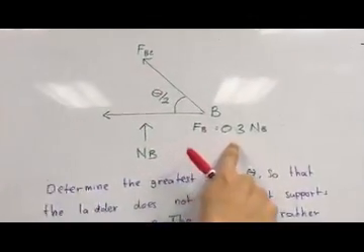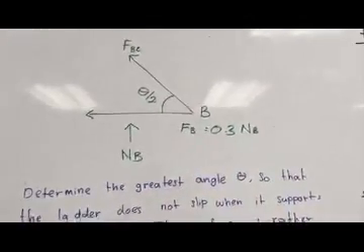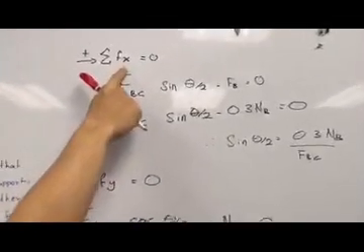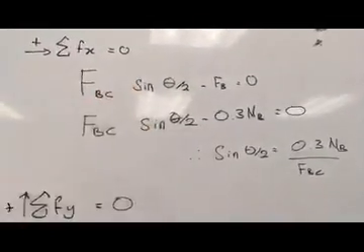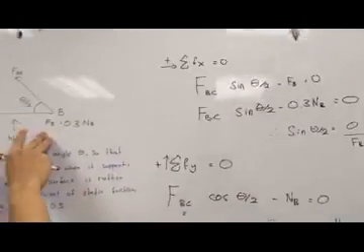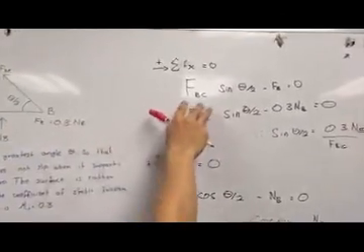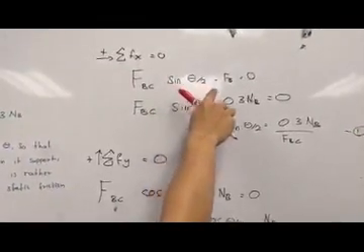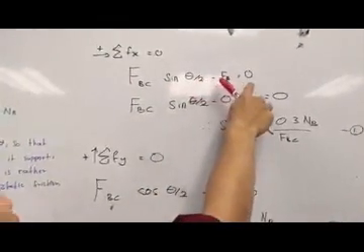FB is equal to 0.3 NB. First we do the summation of Fx equal to 0. From this free body diagram, FBC sine theta over 2 minus FB equal to 0.